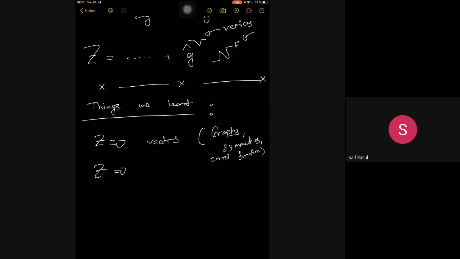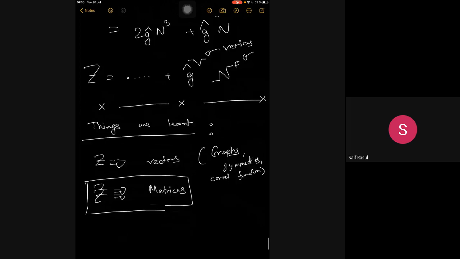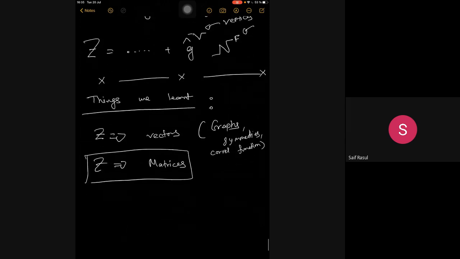We talked about these things when we were dealing with vectors. And now matrices, we came up with the idea of matrices because we need to describe the number of faces. Why do we need faces? Because as we saw, when we promoted our technology from graphs to maps, we needed a function that described the faces.